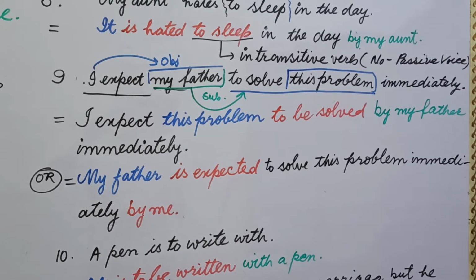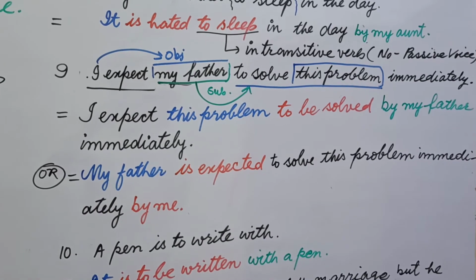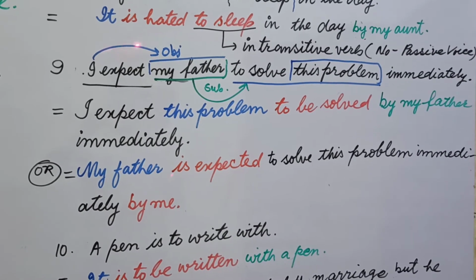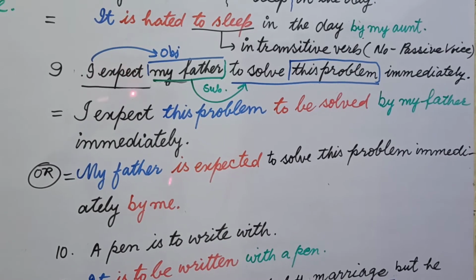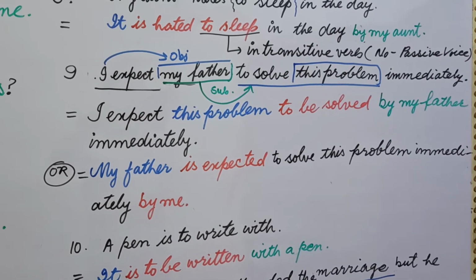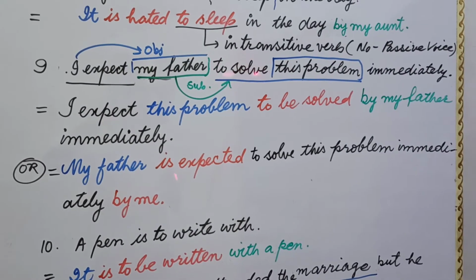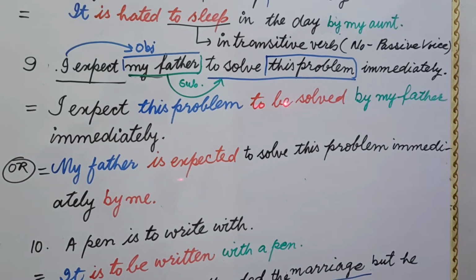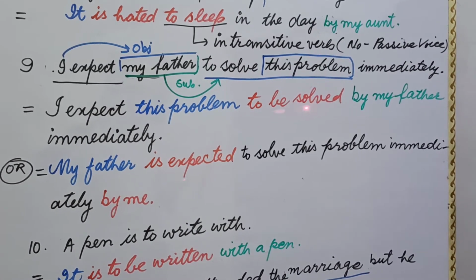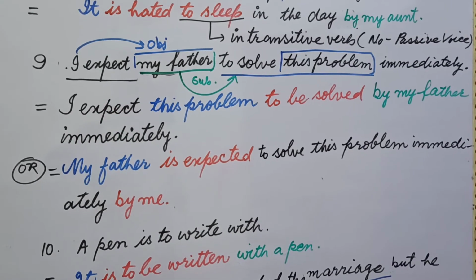If we are not going to transform our sentence into passive voice in the main verb, then I will write the part of the main verb as it is, because I am going to transform my sentence into passive voice with the help of the infinitive. That's why I will make some changes in the infinitive, and the part of the main verb will remain as it is.